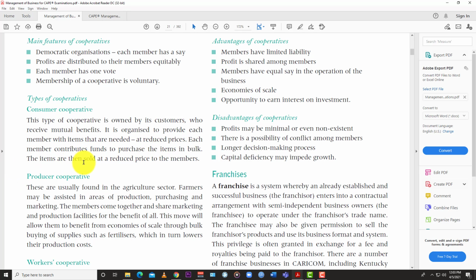The items are then sold at a reduced price to the members. So you know that once you buy in bulk, you save money, you get your discounts, and in the long run, it's going to be more beneficial for you as a member of the cooperative, as opposed to you going and buying all these things on your own. Sometimes you buy a big bulk of something and you alone can't finish them off. They end up spoiled on your hand.